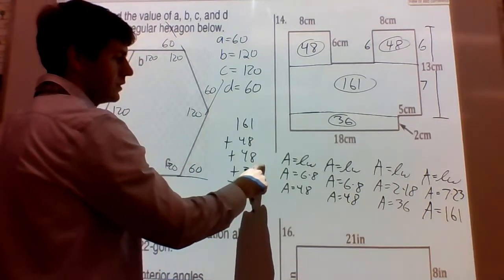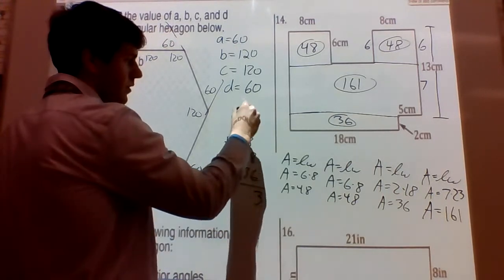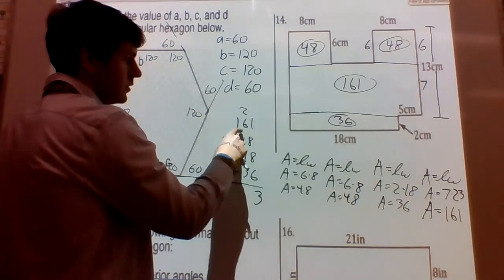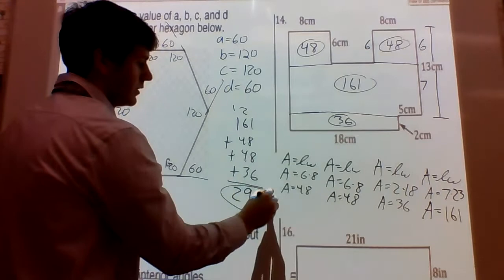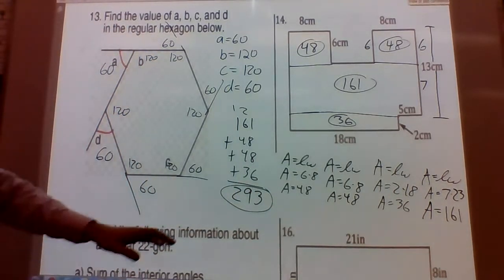So that's 16, 17, 23, 8, 11, 19, which is 293 centimeters squared. That is the whole area.